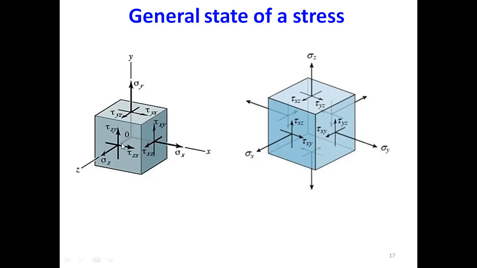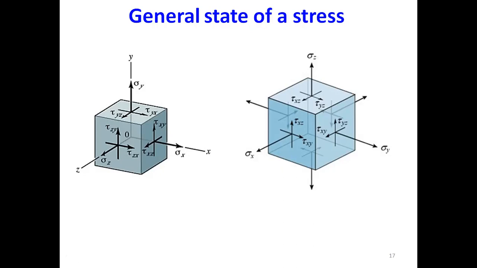This is point Q, but I am exaggerating this point into the shape of a cube because we know that its volume is zero. At the end, when we shrink this to a point, its volume would be zero. But to understand the concept of stress, assume that this point is in the shape of a cube. Here you could see the stress elements, and the general state of stress, with all 9 components.